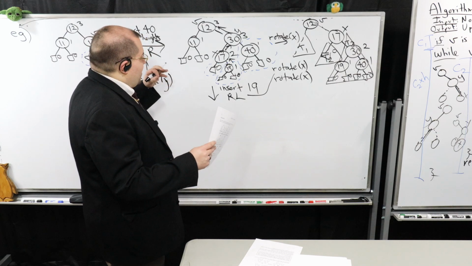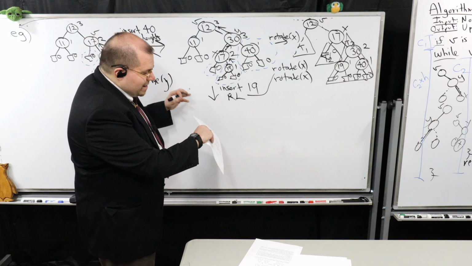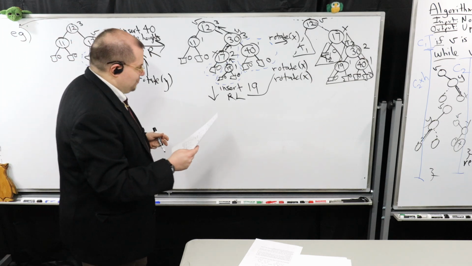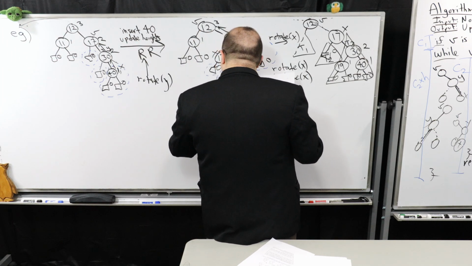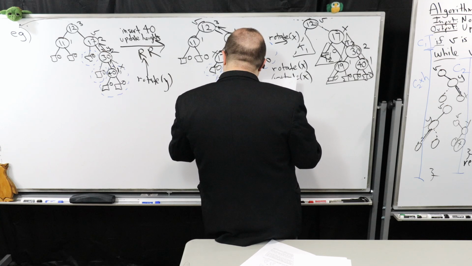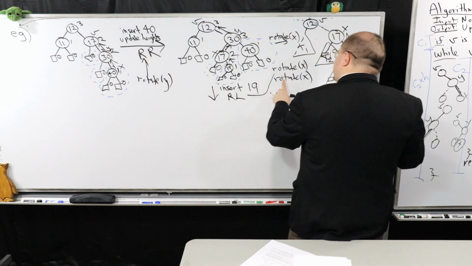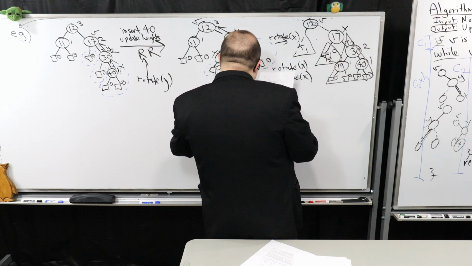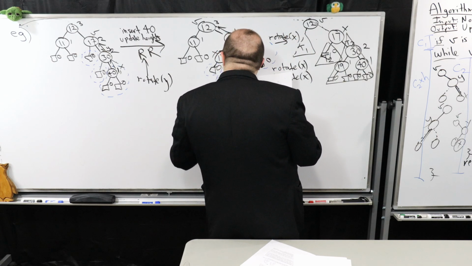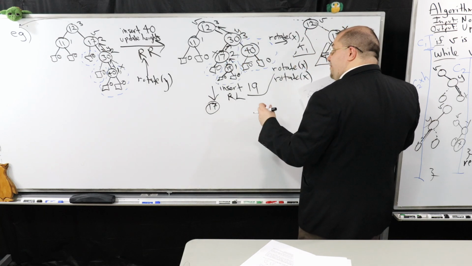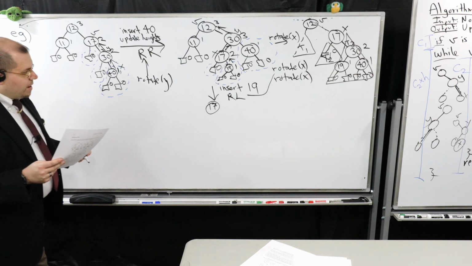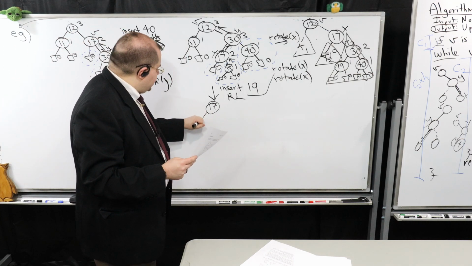So anyways, just for the sake of brevity, I need to finish our example here because I have to still show you how to remove. So next, we have to do an RL rotation. I'm just going to do the second rotate operation. So when I do that, 17 is going to go up to the root of this tree. So in fact, the root actually gets updated here. So that means that 12 came down, right?